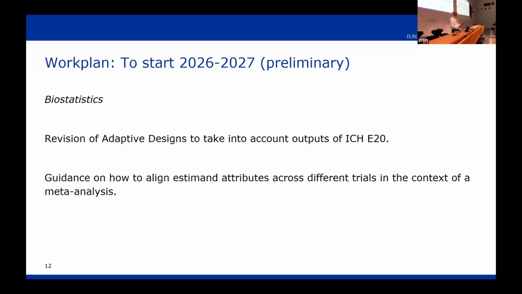I think we already have big problems in fully getting a grip on estimands within a trial, as we noticed from the discussion. But on the other hand, it's also unavoidable. Because meta-analyses are being done, they are being done a lot, they provide very relevant information, so we also can't ignore the fact that estimands exist if we do a meta-analysis across trials, and that they might differ between trials.